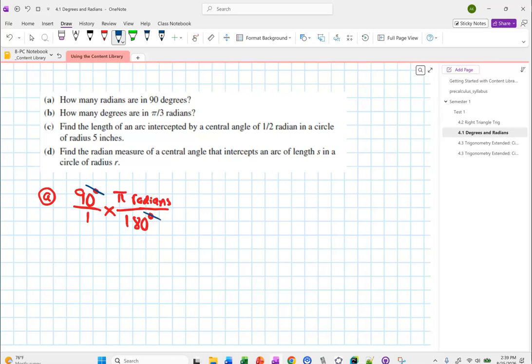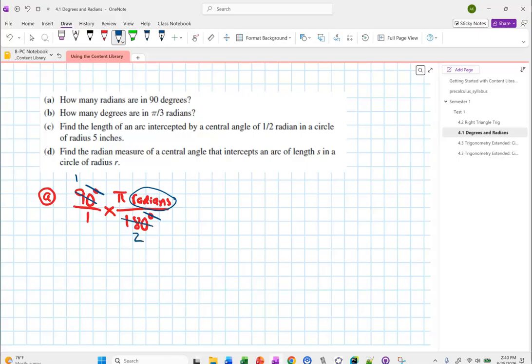When I multiply, the degrees on top and the degrees on bottom will cancel out. That leaves the unit in radians. Everybody feel good there? And then I know 90 goes into 180 2 times.